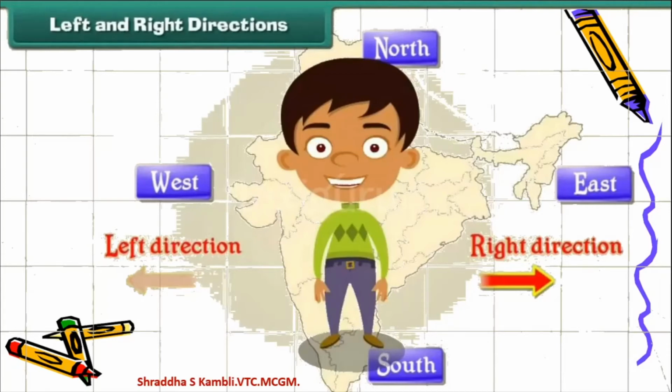Okay, now I am talking about when you are looking at that boy, not when the boy is looking at you. Okay, I am looking at the boy, and for me, north is on top, south is below, the right side is east and the left side is west.